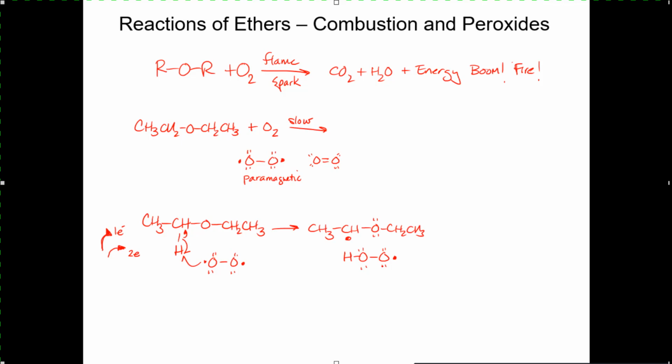And then the other oxygen is still going to be in its radical form. And then these 2 radicals couple together, so that oxygen donates its unpaired electron along with that carbon donating its unpaired electron to now give us this molecule, which is an organic peroxide.